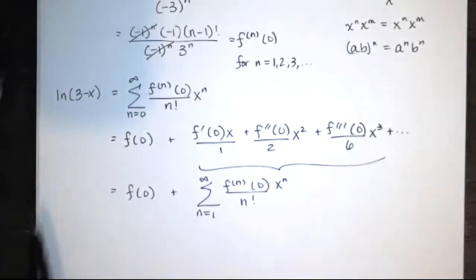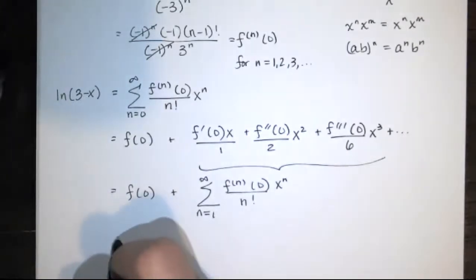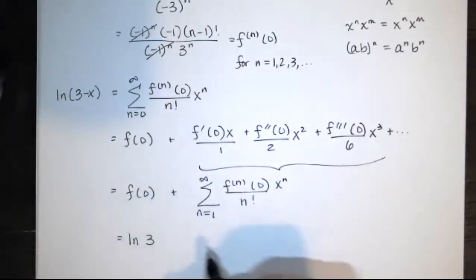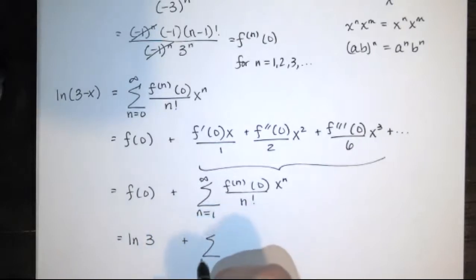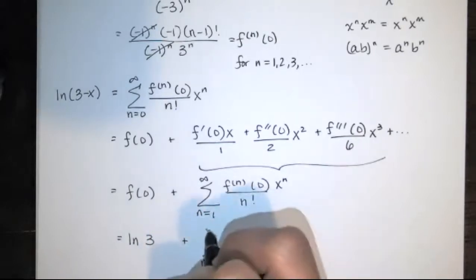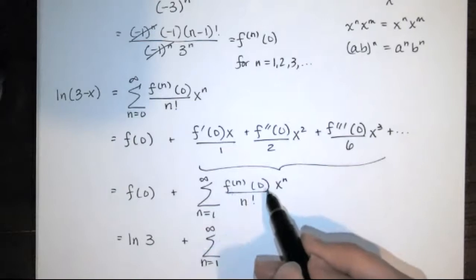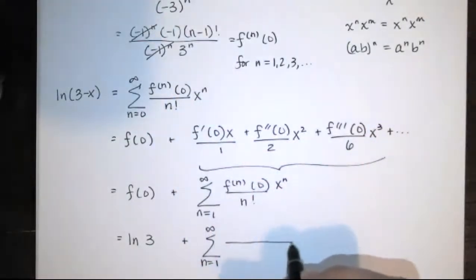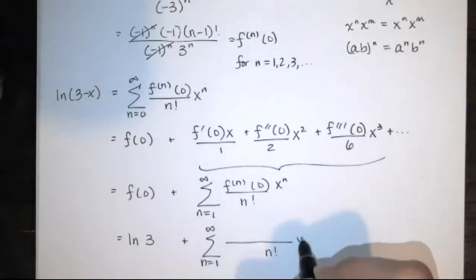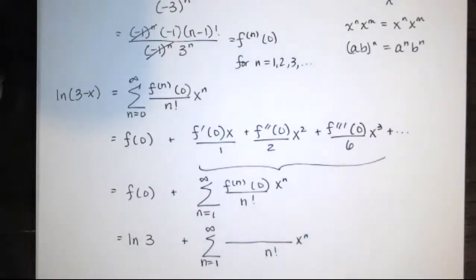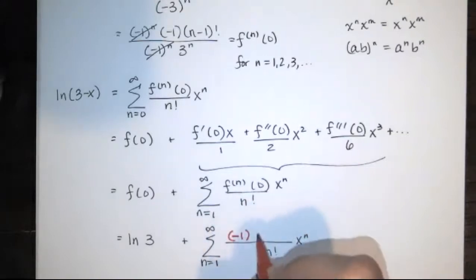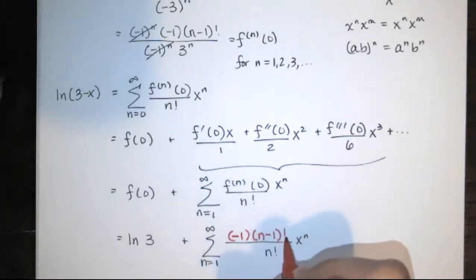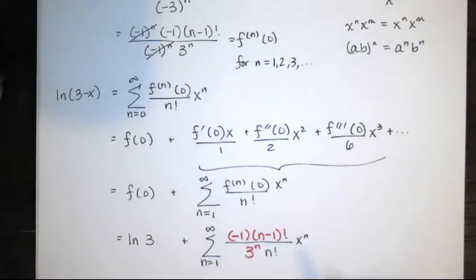Our function f is natural log of 3 minus x. So this is going to be natural log of 3. And then we're adding the sum as n goes from 1 to infinity of this nth derivative of f at 0, which was this expression here, all divided by n factorial times x to the n. And the nth derivative at 0 was a -1 times n minus 1 factorial over 3 to the n.